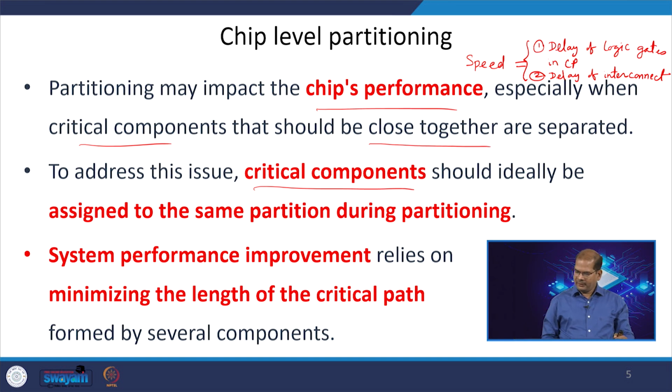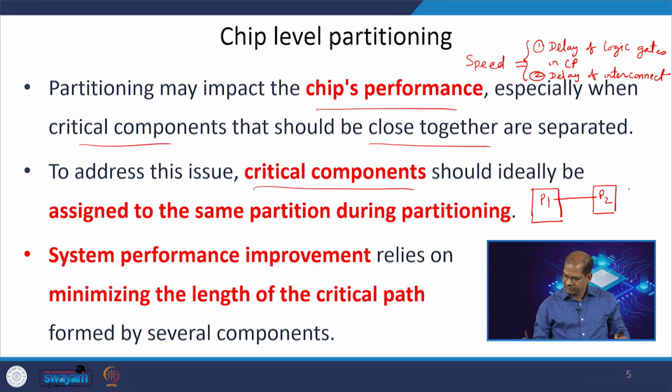Let us say this is partition 1, and I have a partition 2. If my critical component is going between them, then the speed will be less.